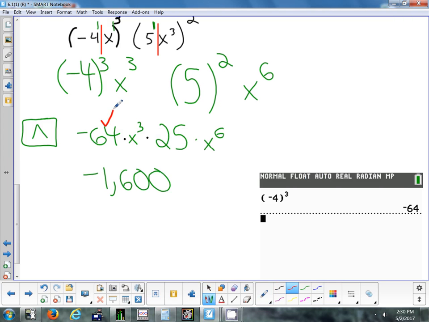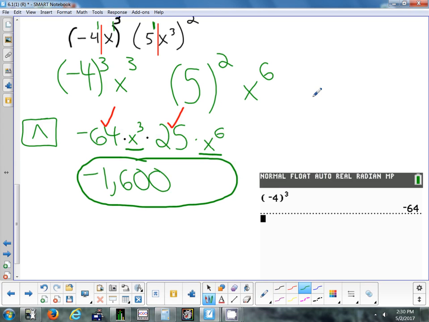What's the last thing I can do? X to the 3rd and then times x to the 6th. I don't care so much right now about the exponent, but what am I going to have to write as part of my answer? X, right? Why? It's the base. Keep the bases. What will the exponent be? 18. No, we're not multiplying now.